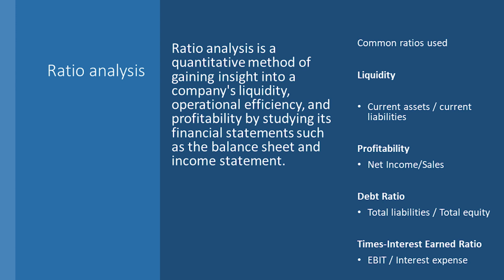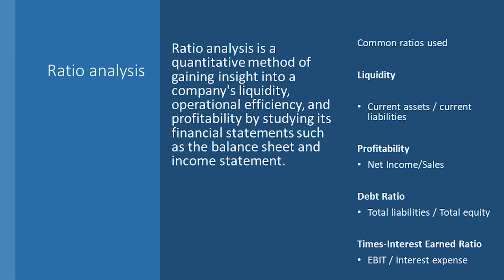So when I look at profitability, I'm taking my net income and I'm dividing it by sales. When I take a look at how much debt I have, how much I have in liabilities, I can create what they call a debt ratio. This is something that banks look at. I take all of my liabilities and I divide it by equity. So the amount that I've put in terms of being an owner.